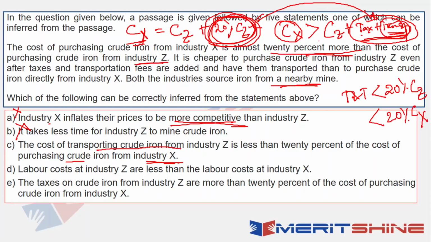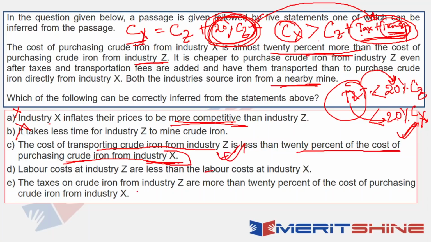Cost of transporting crude iron, not only transport, even tax and transport together is less than 20% of the cost of purchasing crude iron from industry X. Yes, definitely we can say so, because 20% of crude iron cost from Z is less than 20% of cost from X, and tax and transport together is less than 20% of cost from Z. So therefore definitely we can infer that. So this is a proper conclusion kind of question. This is definitely yes.